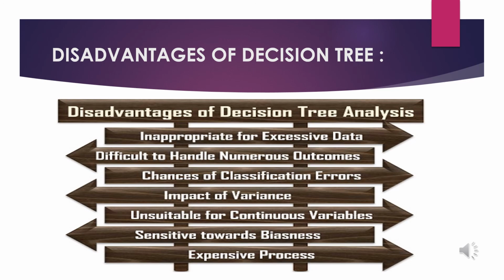Most importantly, if there are multiple possible results of every single decision, it becomes very hard to show every single decision on a single decision tree. That is one of the most important disadvantages of the decision tree calculation.